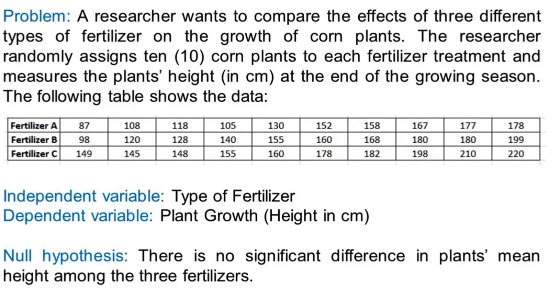And the null hypothesis is there is no significant difference in plants' mean height among the three fertilizers. Since the dependent variable height is measured at ratio level and the independent variable is the type of fertilizer that is categorical, we have met the two assumptions, which are 1 and 2.